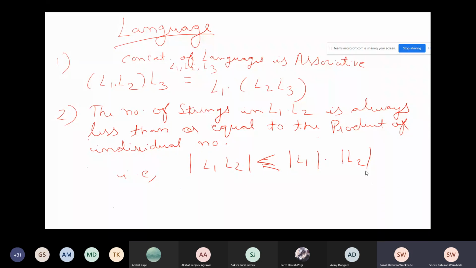That is, |L1 L2| is less than or equal to |L1| times |L2|. This is how it is denoted. Which are the individual numbers here? L1 and L2.